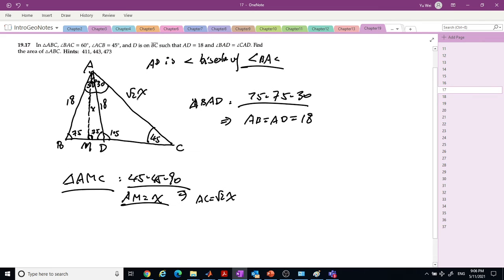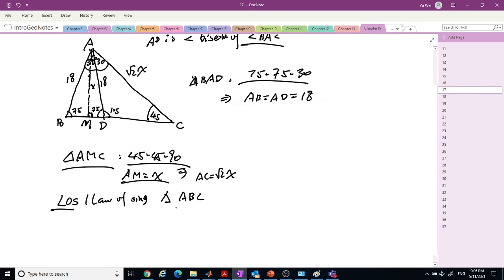Okay, if AC is root 2x, then we can use the law of sines in triangle ABC. Using the law of sines means root 2x over sine 75 is equal to 18 over sine 45.